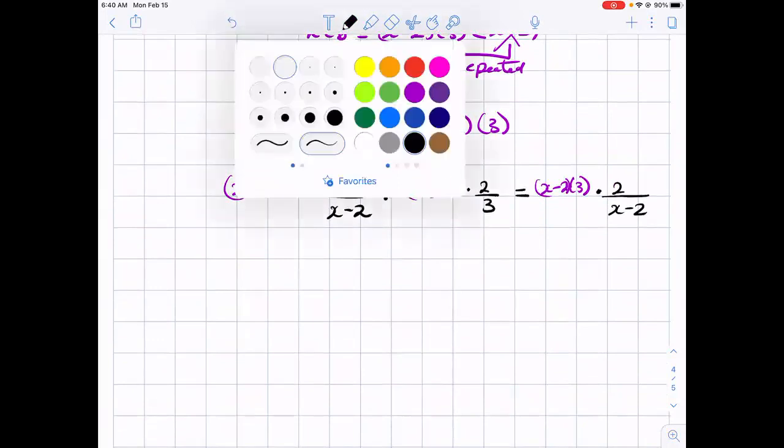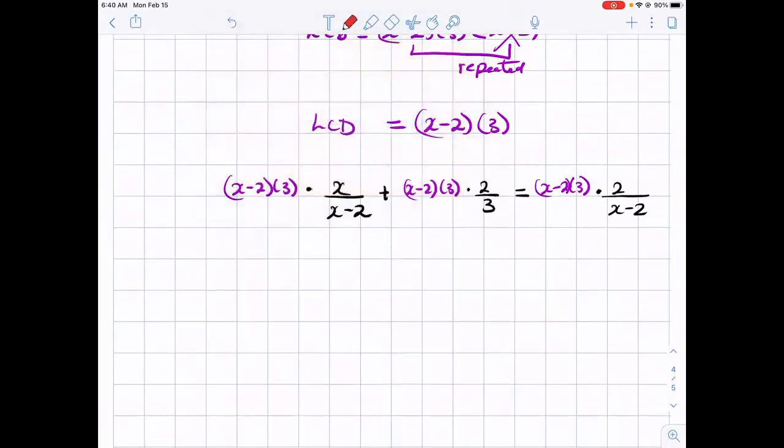And notice what will happen, right? As I said, the denominator will always cancel with something in the common denominator.